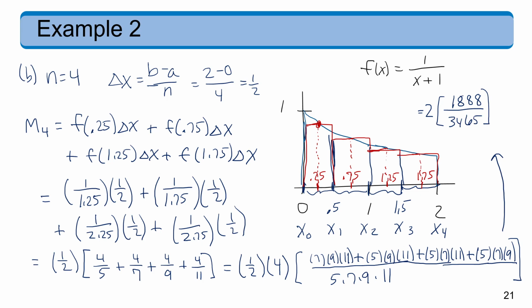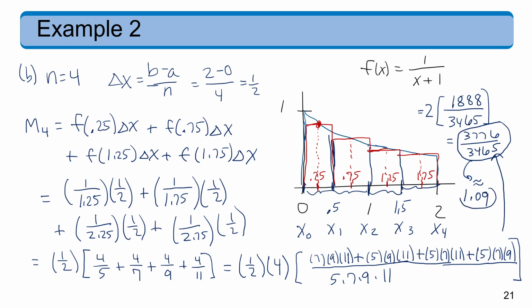And then multiplying by 2 makes the numerator 3776 with the same denominator. And that fraction may or may not simplify, but I'll just leave it like this. And then to get a decimal for that, putting that in the calculator, this is approximately 1.09.